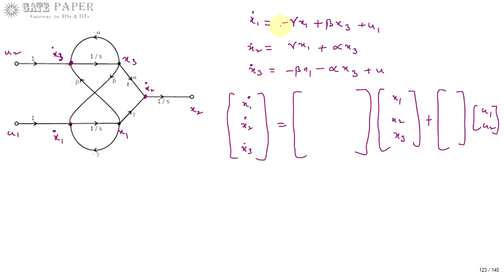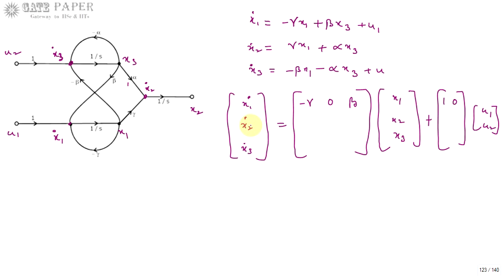Now look at this one, for x1 dot the x2 term is not there, and x1 is multiplying with minus gamma, so it will be minus gamma, 0 and beta, so minus gamma x1 plus 0 plus beta x3 you will get, and u1 you are writing, u1 is 1 0.